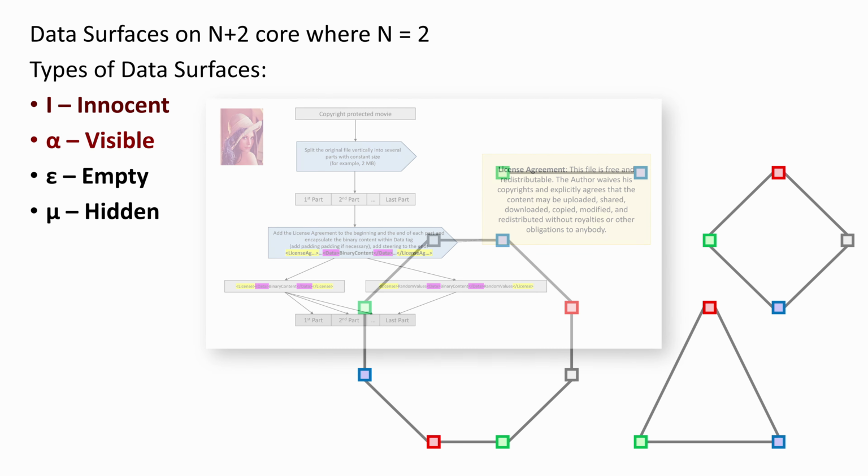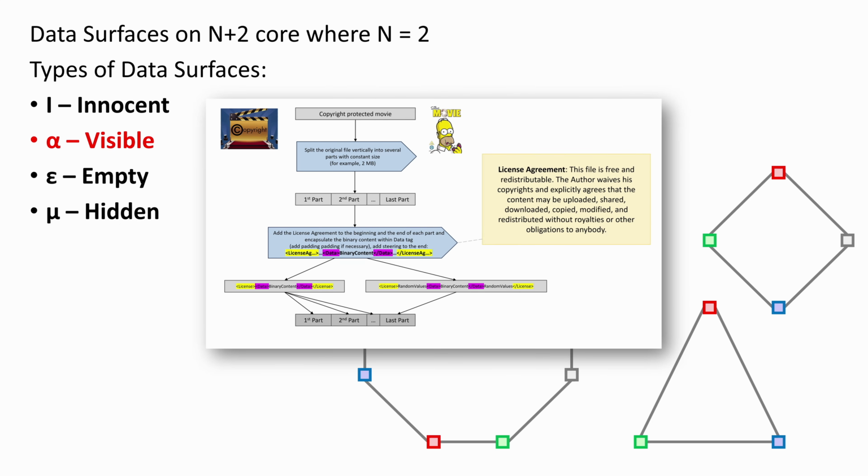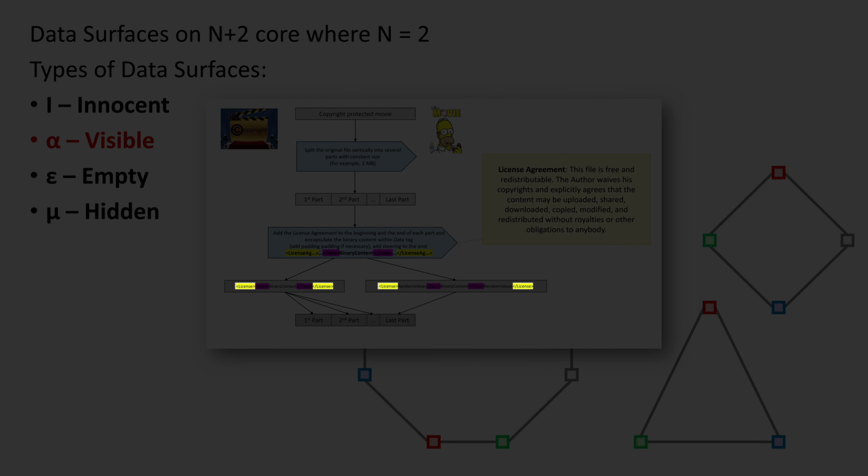Then there is a visible data surface or alpha surface, which is a meaningful file, typically a movie, video game, whatever. The payload of such a file is correctly tagged, which means as soon as the XOR operation is performed, the resulting file contains a recognizable tag at the beginning and at the end of the payload.